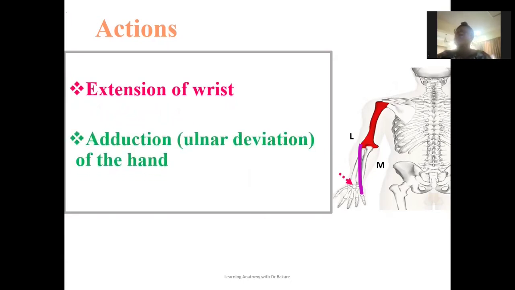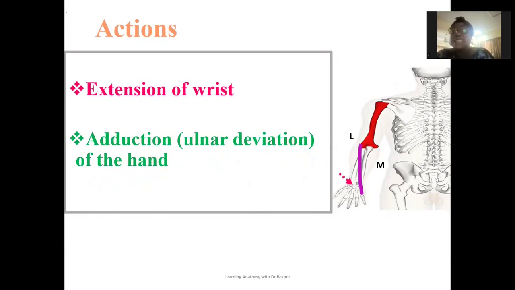It is also seen to exert adduction, which can also be referred to as ulnar deviation. Don't forget that the ulna is located around the medial side. So if the hand is deviated towards the ulna, which means it is taken closer to the body, this is because of the placement of this muscle.